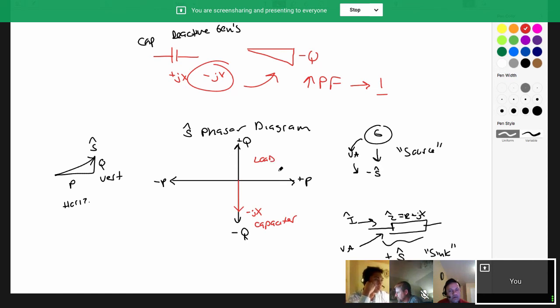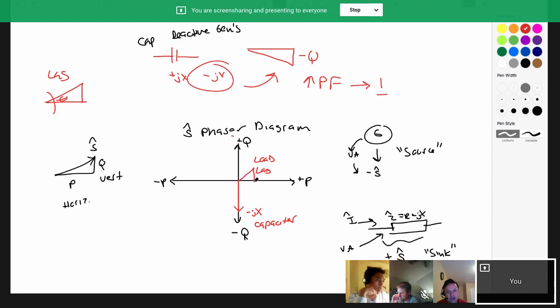Positive P, positive Q. Lagging. Perfect. How can you tell? Because it's a positive angle for the S. Bingo. Everyone see that? So that would be something like that.